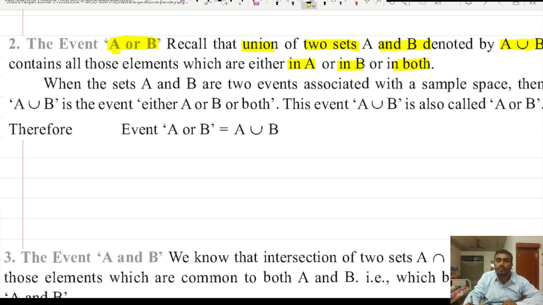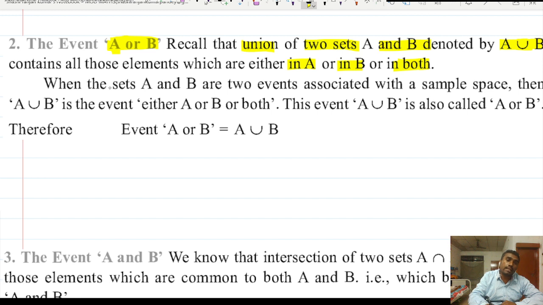Very important: in A union B, we write those elements either present in set A or present in set B, or if it is in both, no problem. Hopefully you remember how to write the union of two sets or three sets.